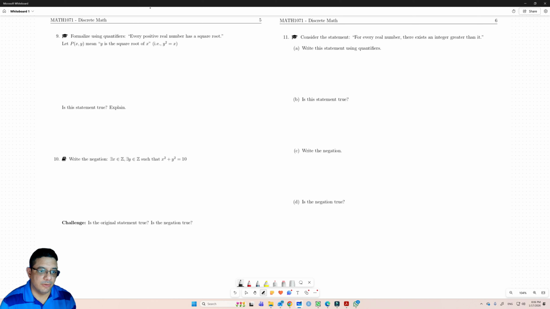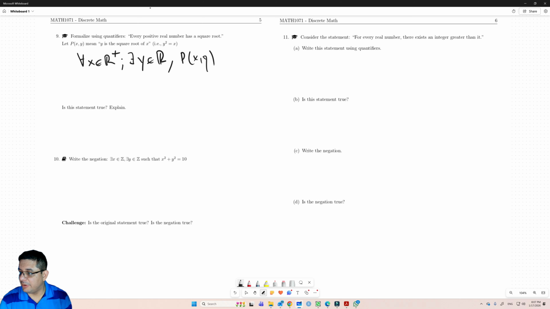So the way that we want to do this statement is, if we have a predicate P of y, so that y is the square root of x, then we can write this as: for all x that belongs to R plus, since it's positive real numbers, there exists a y that belongs to the real numbers so that P of x, y. And in this way, I will be writing that y is so that y squared equals x.